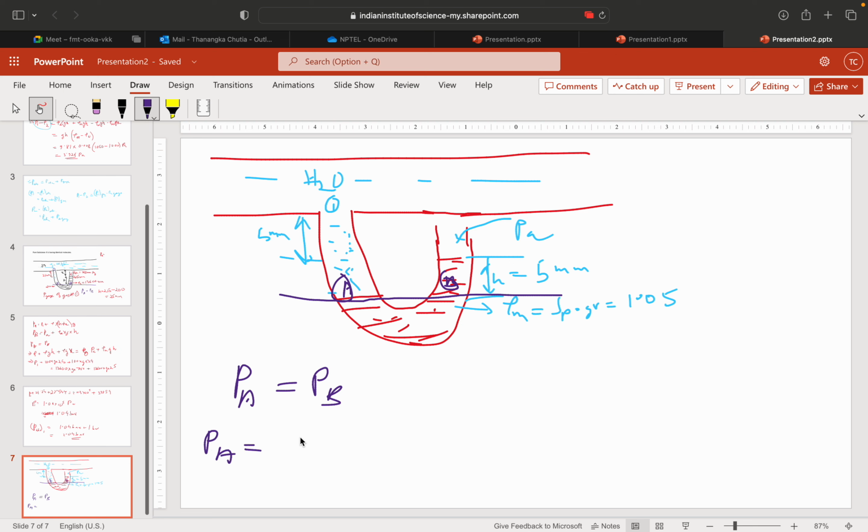This pressure is P1, so pressure at point 1 plus rho of water into g into (h plus x). And what is the pressure at point B? Pressure at point B is the pressure of the atmosphere plus rho of manometric fluid into g into h. Now you have to equate these two and you will get the value of P1.